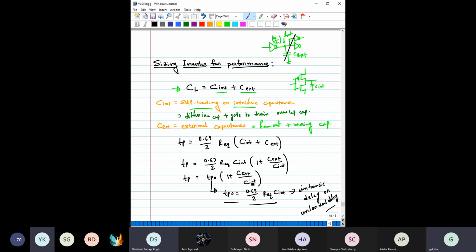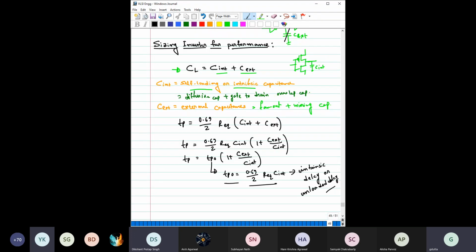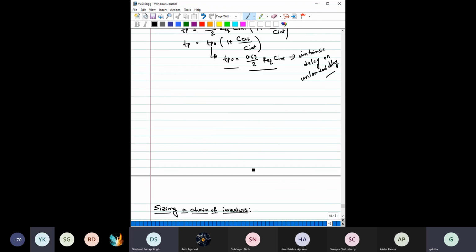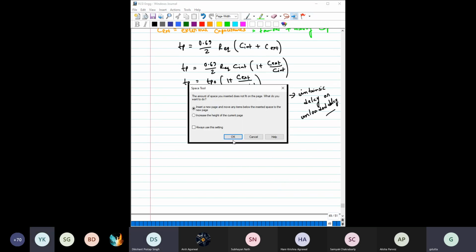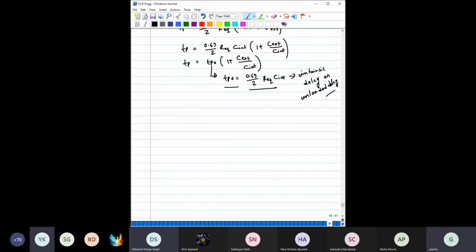That's why we represent the total propagation delay in terms of the intrinsic capacitance and a combination of the external and internal capacitances. Now here comes the fun thing: suppose we want to increase the size.